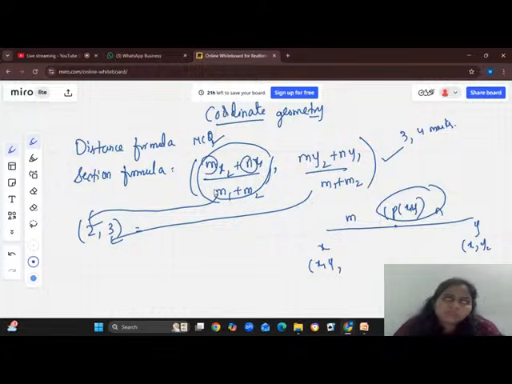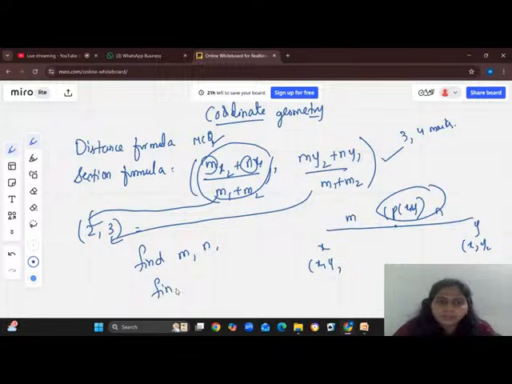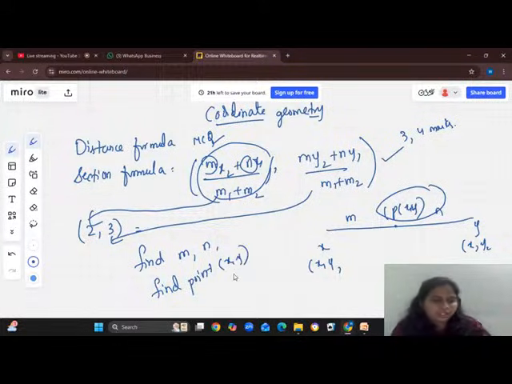So it's very rare that they will ask you direct question of section formula. They just miss some numbers and they will ask you to find out by using section formula. Either they will ask you to find mn, or sometimes they will give you mn and ask you to find point x comma y. Okay, done.